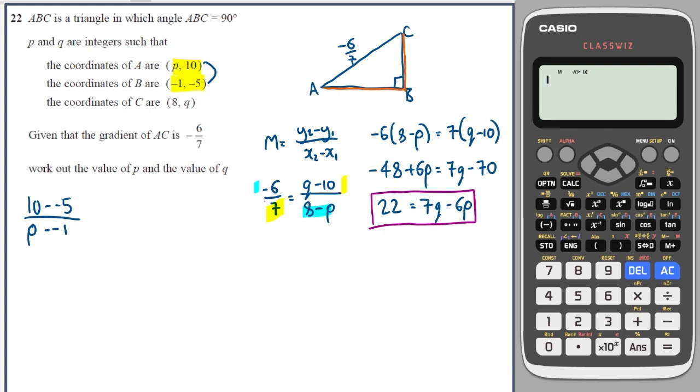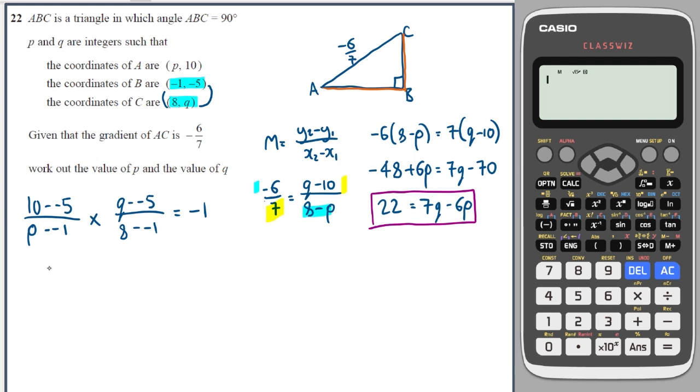Okay, and that, when we multiply it by the other gradient, which will be B to C, so I will do q minus minus 5 over 8 minus minus 1. And when we multiply those two together, we should get minus 1 because they should be the negative reciprocal of one another because they're perpendicular.